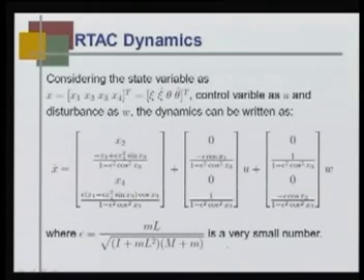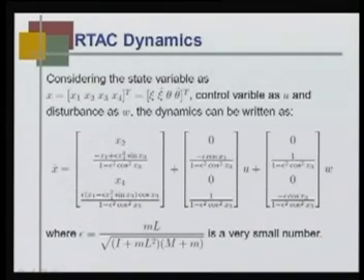Given that, we can derive the dynamics of the R-TAG system. You can easily see that it has 4 states. x1 is zeta, representing xc normalized. x2 is xc dot, the normalized velocity of the cart. x3 is theta, the pendulum angle, and x4 is theta dot, the angular velocity of the pendulum.